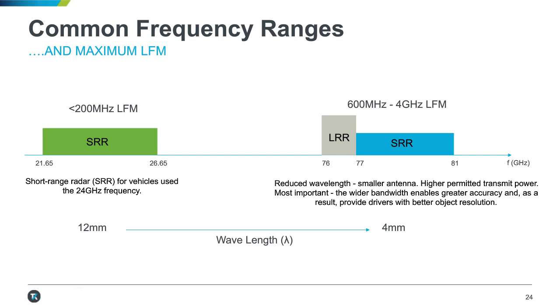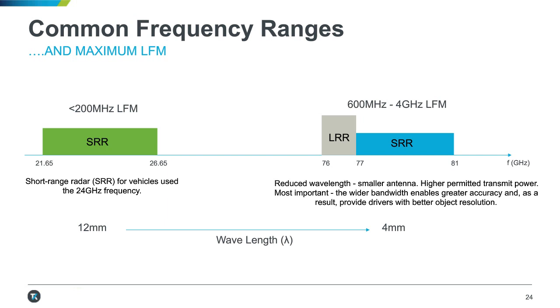And of course, a short-range radar needs very long chirps, so the actual resolution of a 200 megahertz chirp is considerably smaller than that of say a 4 gigahertz linear frequency modulation, which you see more of in the newer frequency band on the right-hand side of the slide, where we're getting chirps between 600 megahertz and 4 gigahertz. Some are used for long-range radar, especially 600 megahertz and below, and then the wider chirps, such as 4 gigahertz, are used for short-range radar, where resolution is very important.